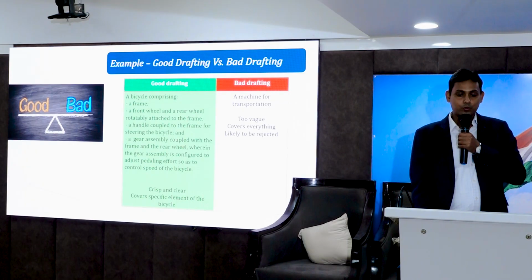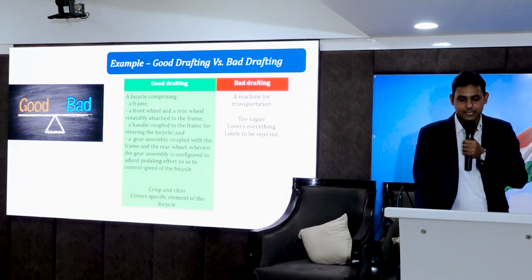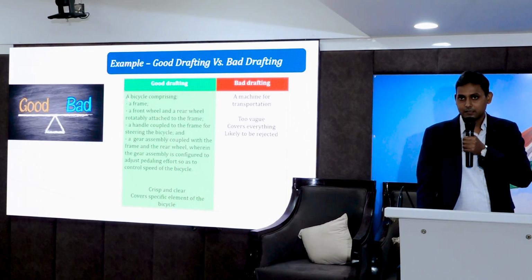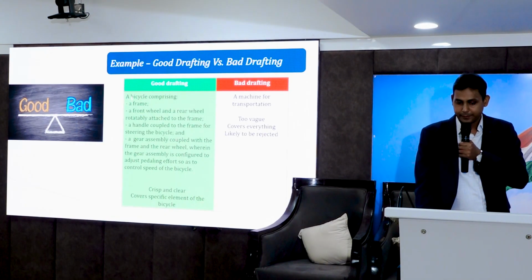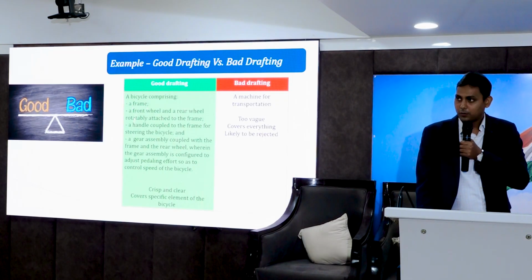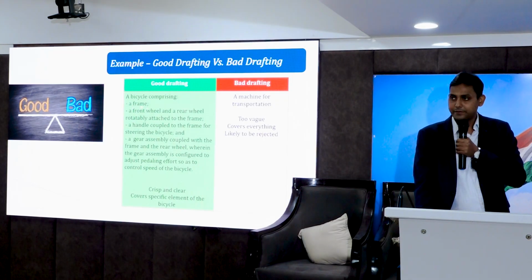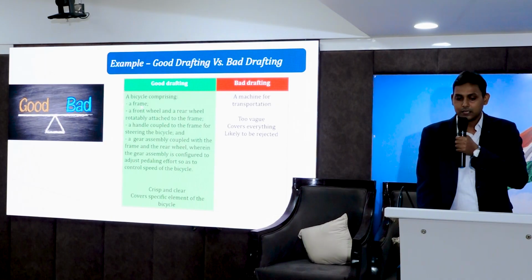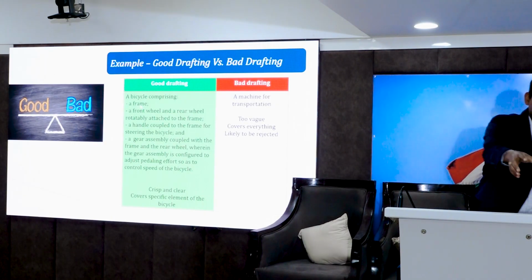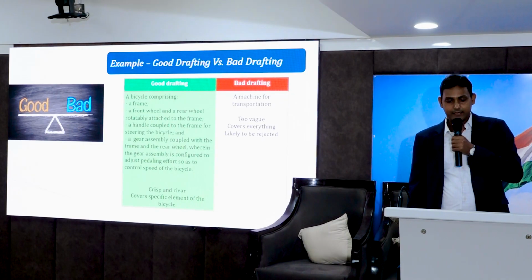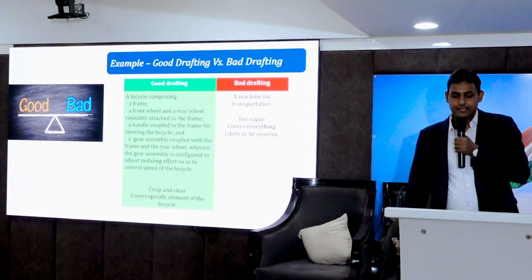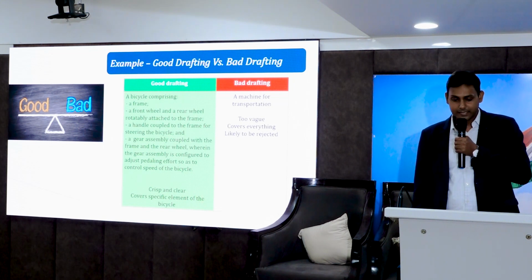Right, so this is the good drafting practice. Here, at first you have given the bicycle on which you want to get the patent, and then each and every component, and each and every component is connected to each other. First I have written the frame, then the front wheel and rear wheel, and how they are attached to the frame, that is, rotatively attached.